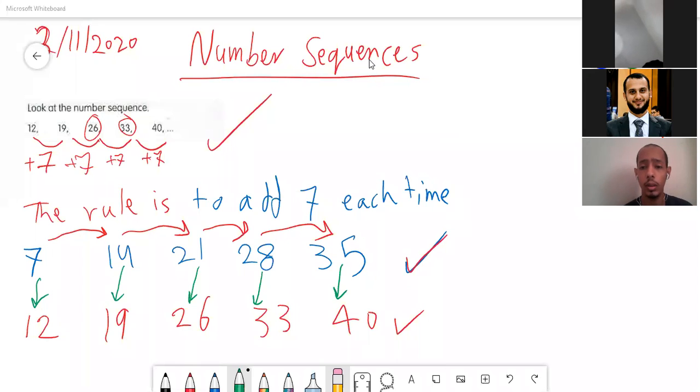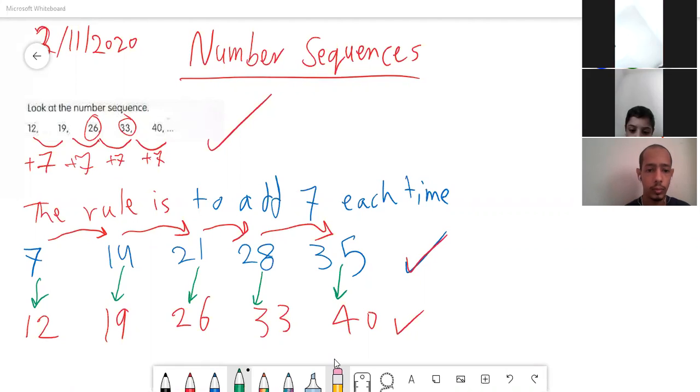Let me activate the chatting option. I'm not sure what I should do.